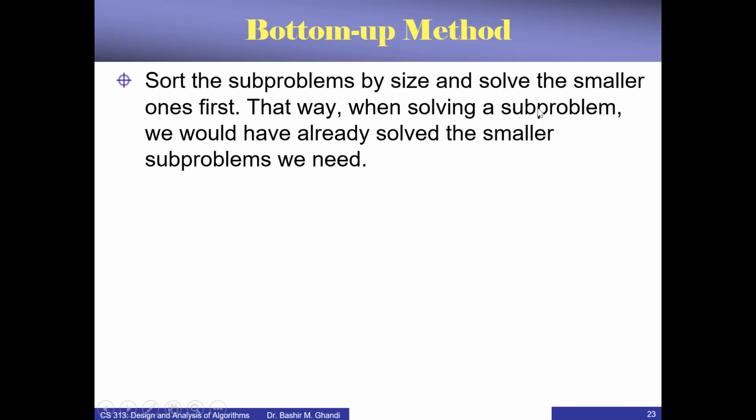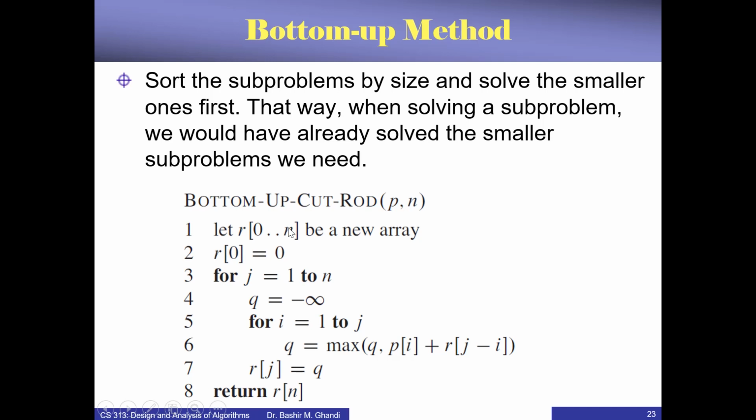That way, when solving a subproblem with bigger size, we will have already solved all the smaller sizes that we need, and therefore we just read them from the array. So this is the bottom-up version. It receives again the table of prices and the n. It creates an array and starts with R at 0. R at 0 is 0.